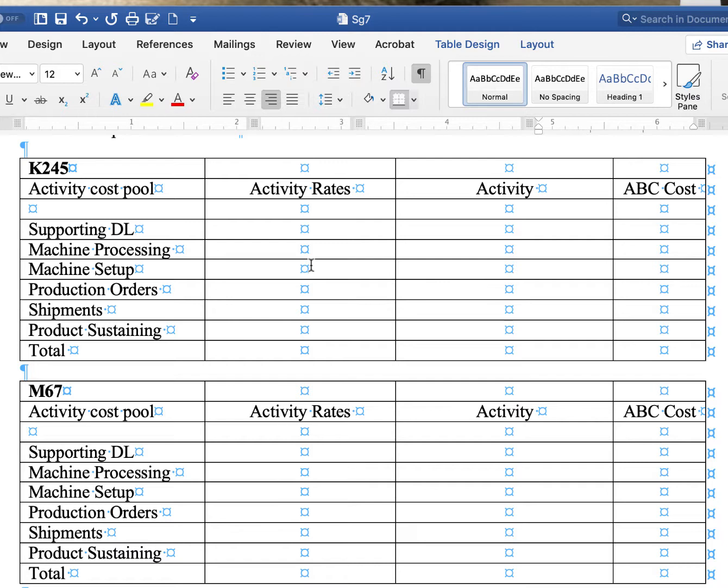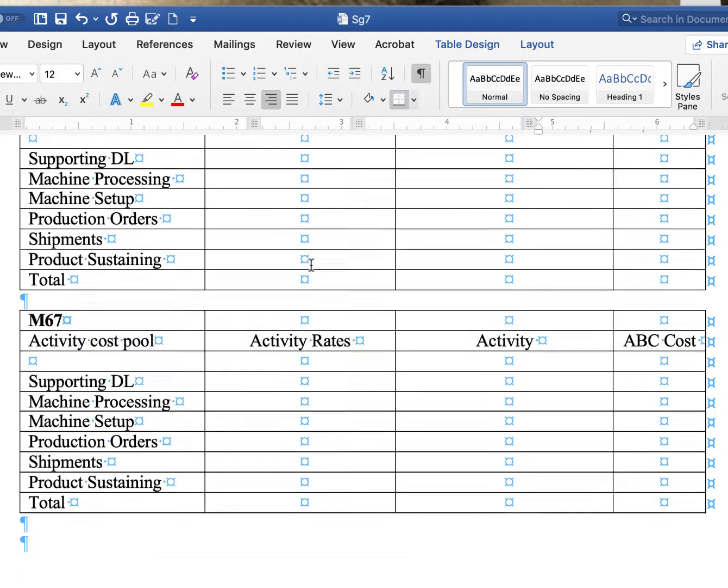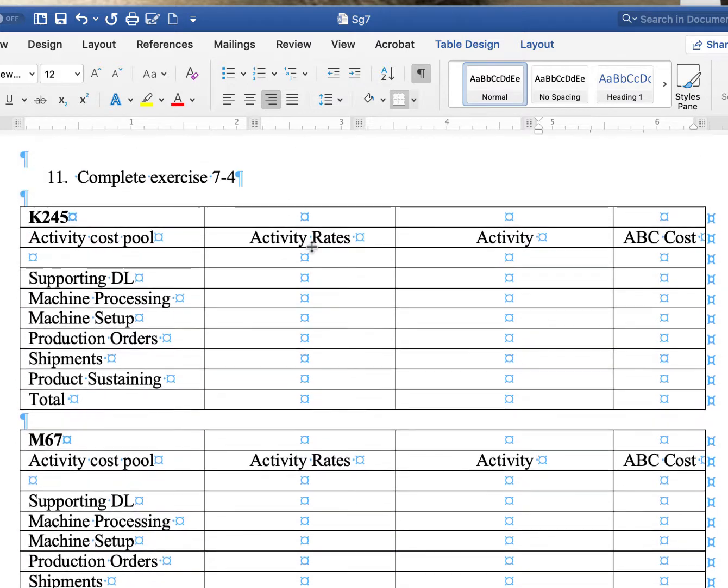It's all we need to do. Okay? So we have 2 jobs here. We have K425 and M67. So what we need to do is allocate. Well, they give us the supporting direct labor. Oh, sorry.